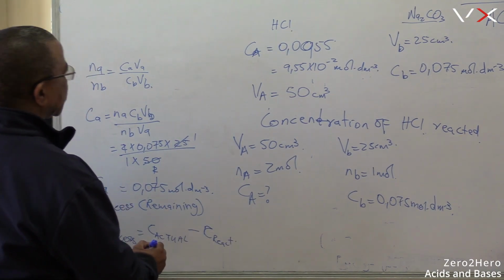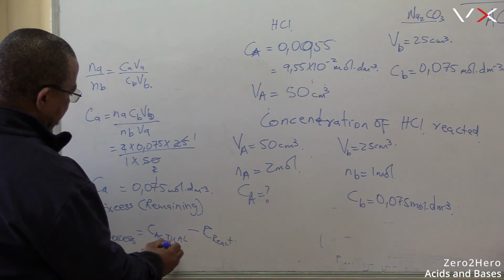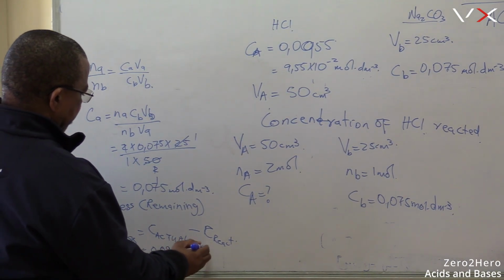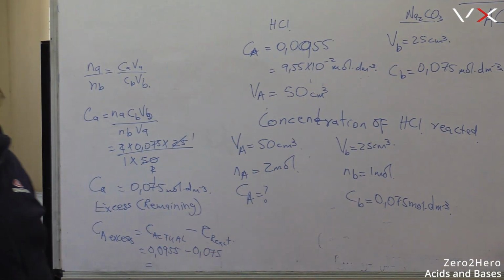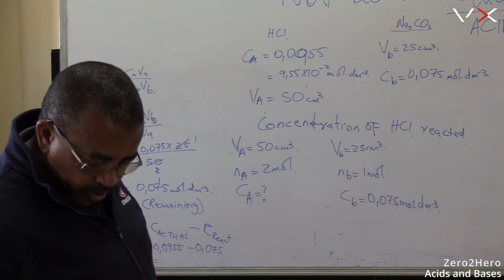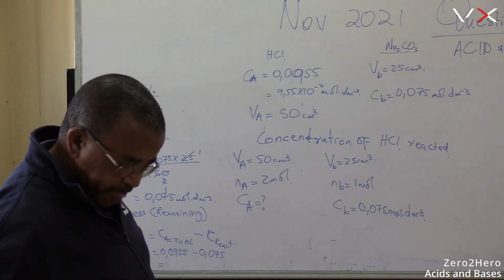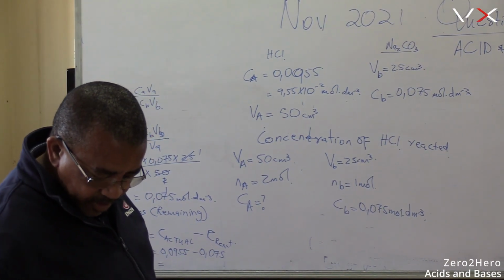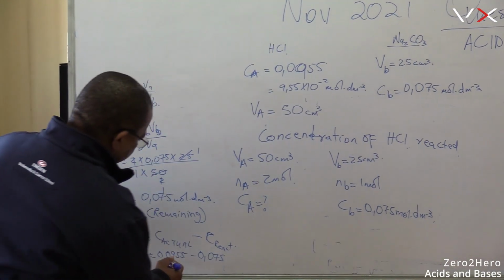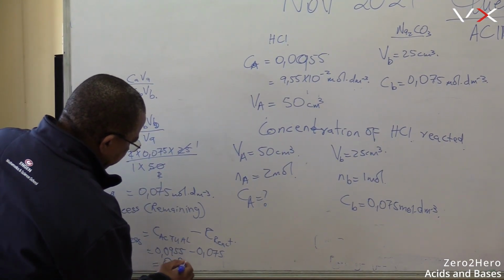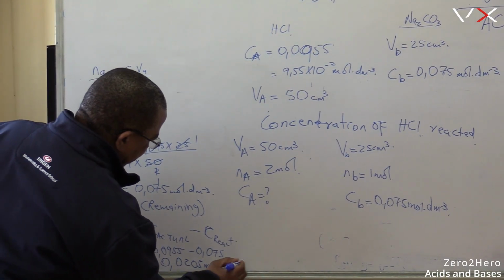The actual one is 0.0955 minus 0.075. What do we get? 0.0205. So the concentration is 0.0205 mole per cubic decimeter.